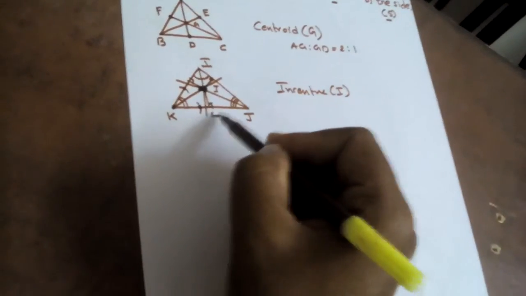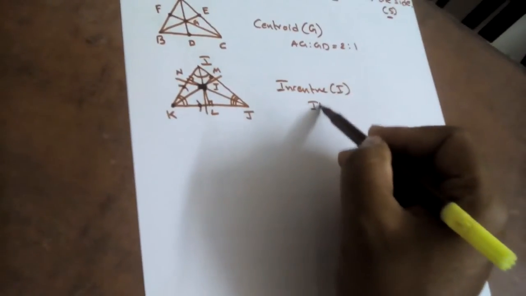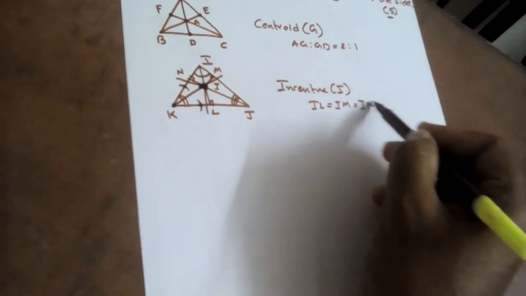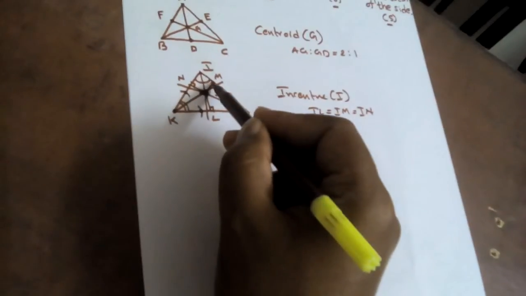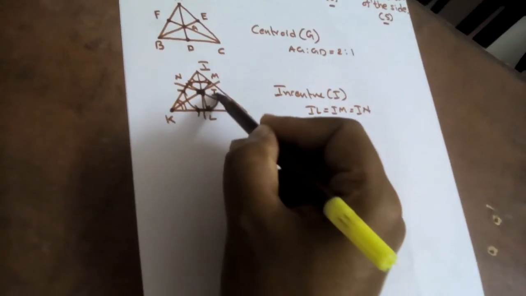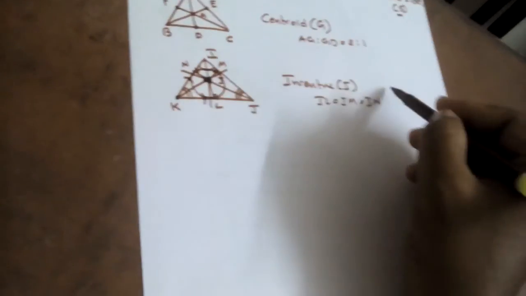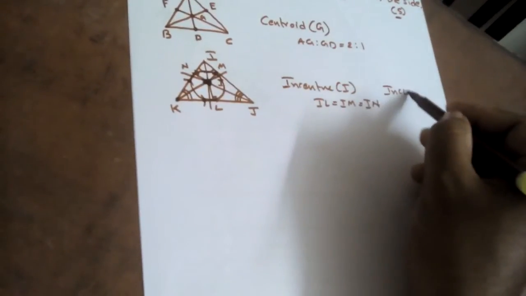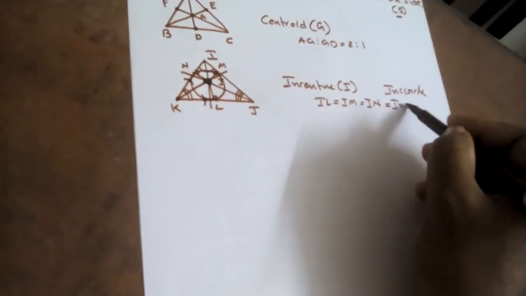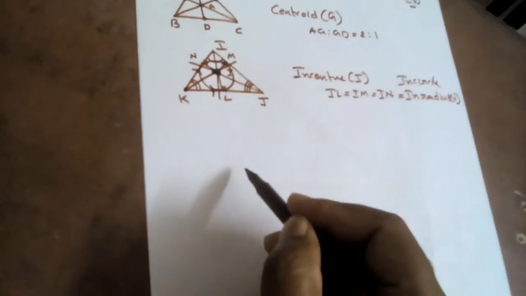Say L, M, N, these are the feet of the perpendiculars. Here we can observe that IL is equal to IM is equal to IN. Now with the center I and with this radius we can draw a circle, and this circle touches all the sides internally, and this circle is called incircle, and this radius is called inradius, and this is represented with the letter r.